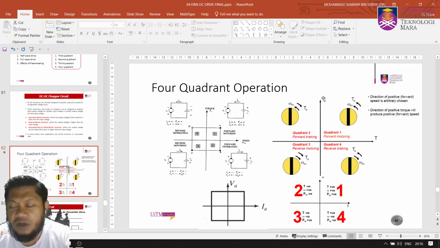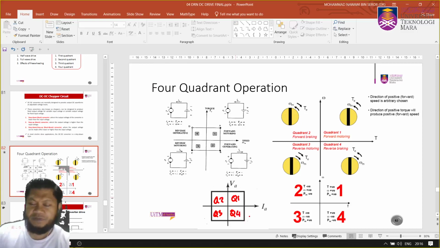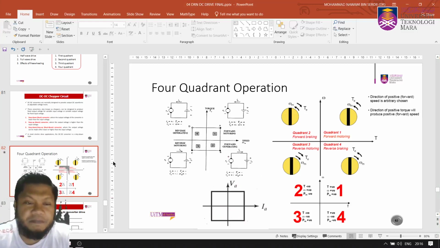If you have speed against torque, then you have 1, 2, 3, 4. And if you represent that in terms of voltage and current, you're going to have Q1, always quadrant 1, quadrant 2, quadrant 3, quadrant 4. So it's voltage versus armature current.